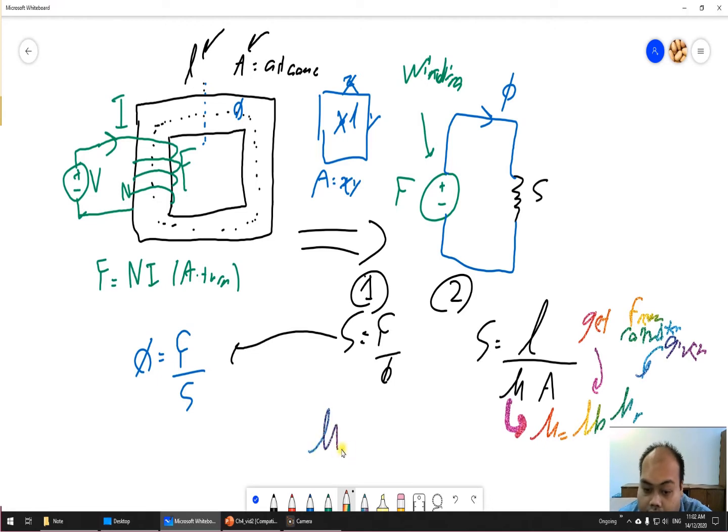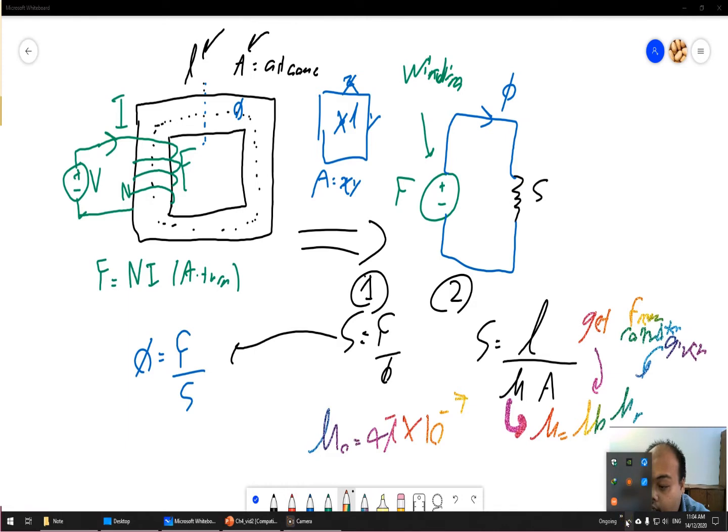Remember mu naught is 4 pi multiplied by 10 to the negative 7, or you can use your calculator if you don't want to memorize it.